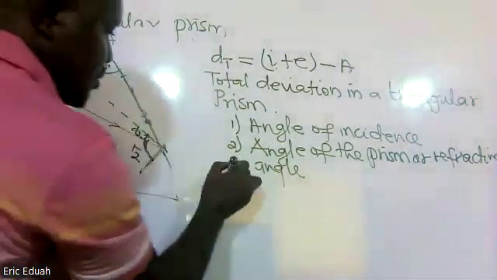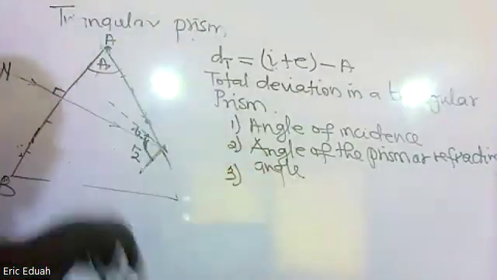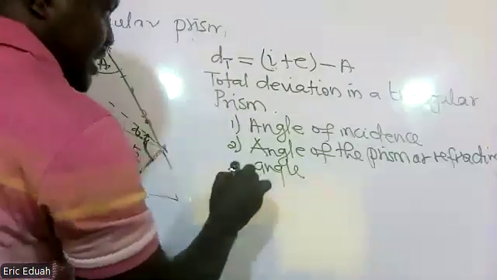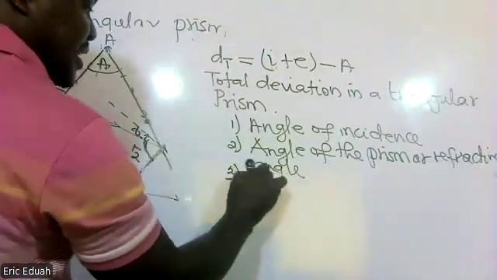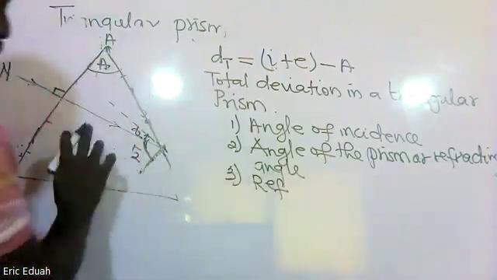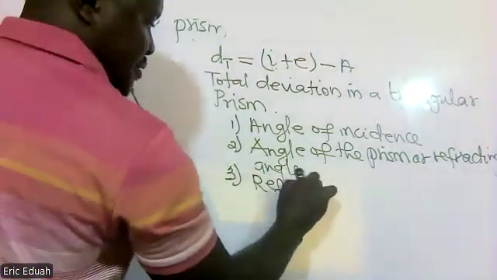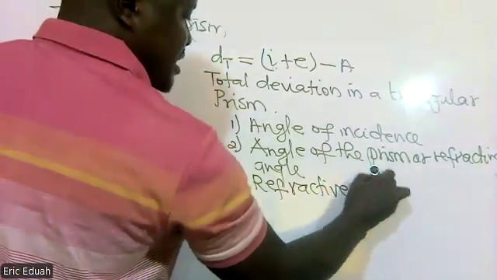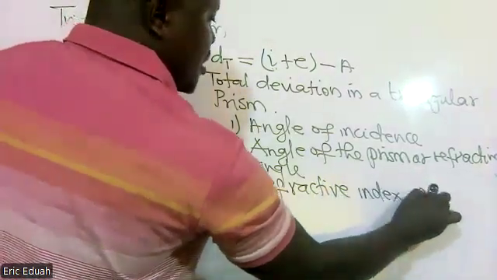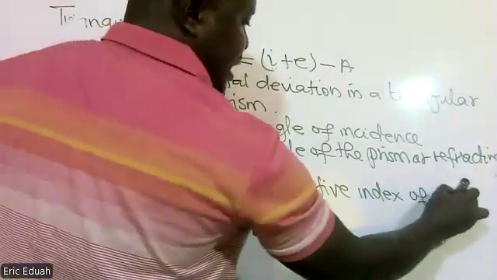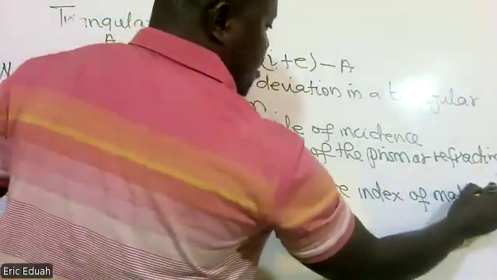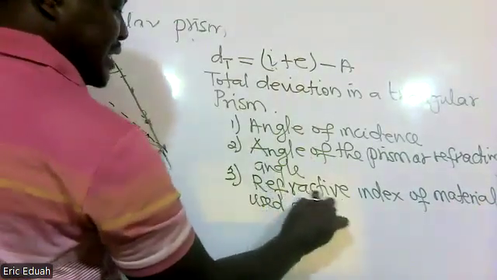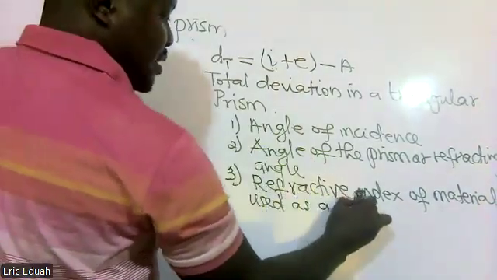And these are the total deviation also depends on the refractive index of the material used as a prism.